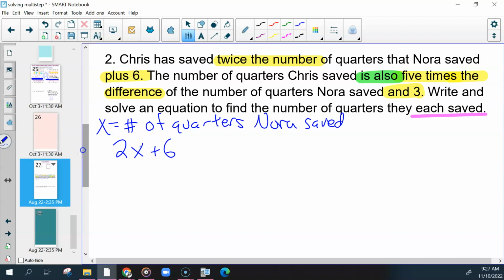The "is also" is going to be your equals. 5 times the difference of the number of quarters Nora saved and 3. How would you write that part? Just like that.